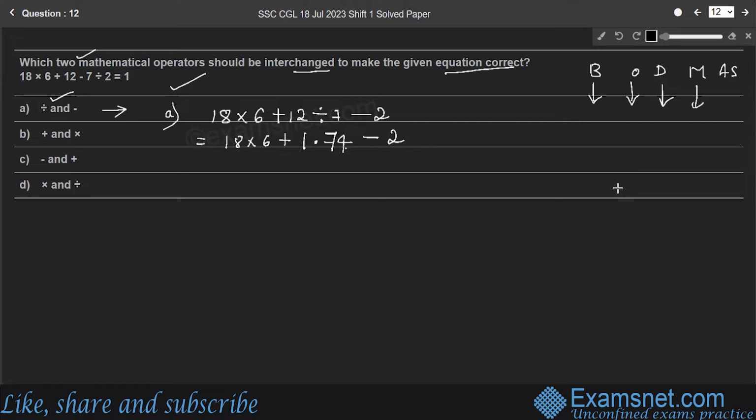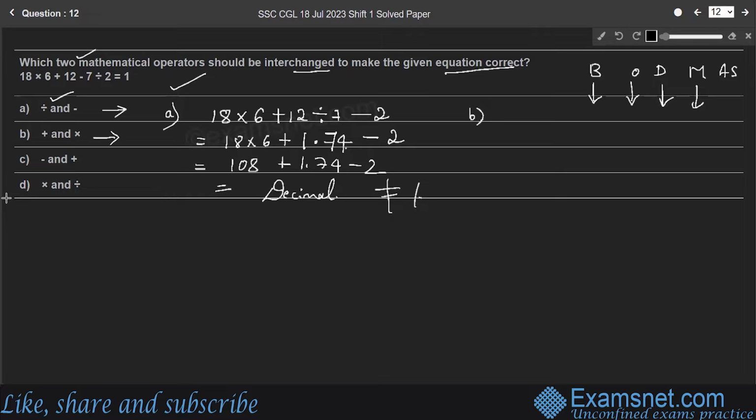So next comes multiplication. So 18 into 6 is 108, plus 1.74 minus 2, right? Next comes addition followed by subtraction. So you will get a decimal number, which is not equal to 1, the RHS part. Therefore, option A is not the answer, right? So we cannot interchange division and subtraction signs so that LHS will be equal to RHS, right?